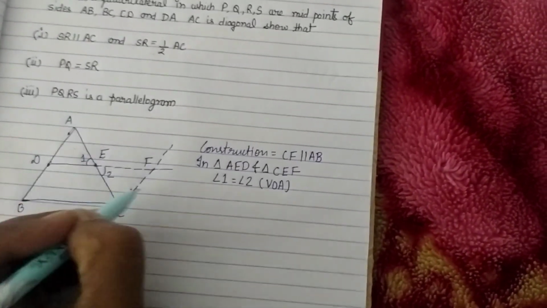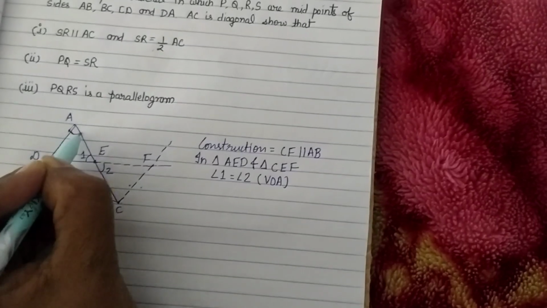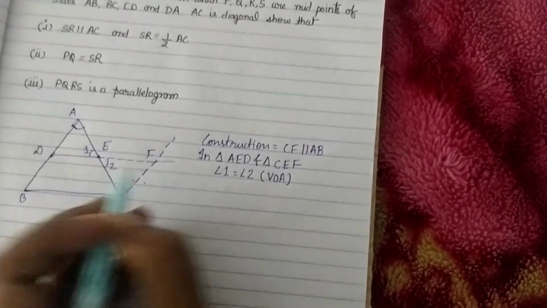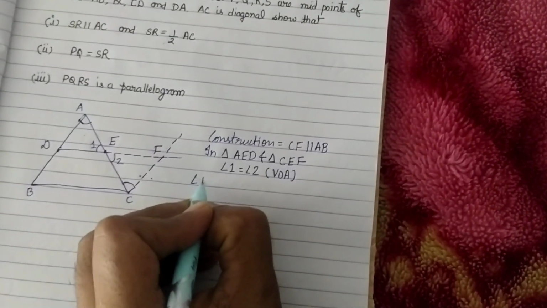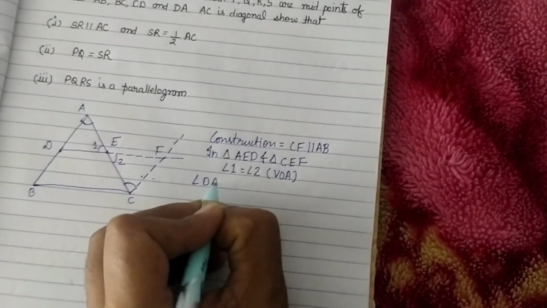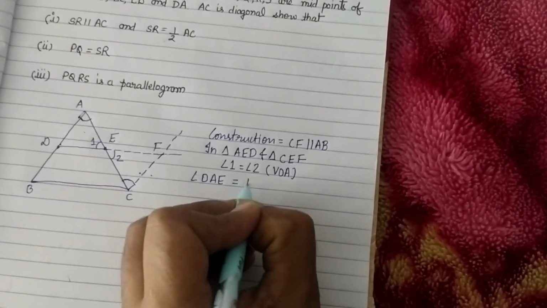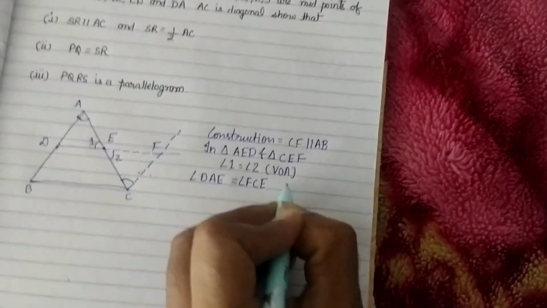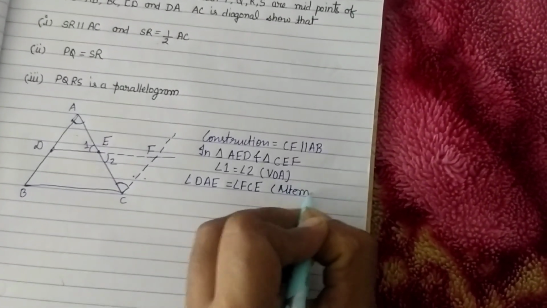Since these two lines are parallel and the transversal is AC, this angle will be equal to this angle, meaning angle DAE is equal to angle FCE, alternate angles.